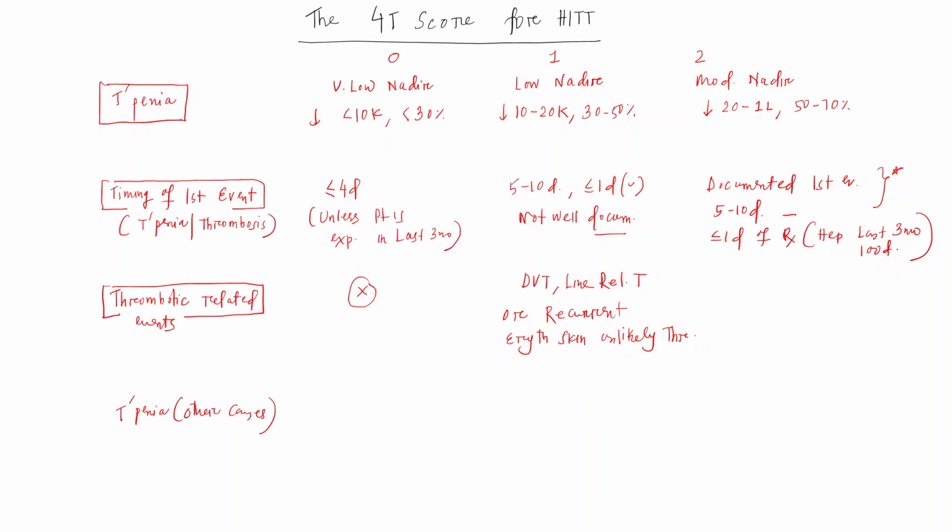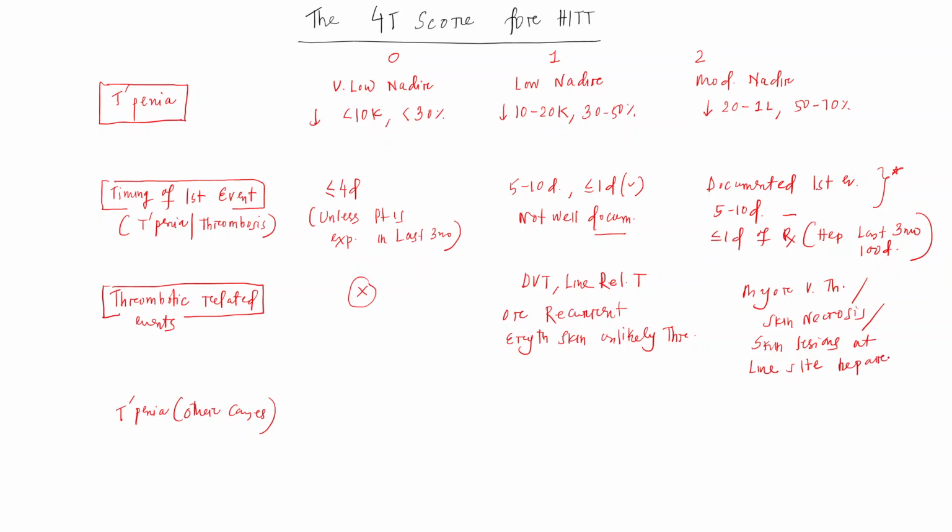If the patient has a major vessel thrombosis, then we give a score of 2, or if the patient has skin necrosis or skin lesions at the heparin infusion site.